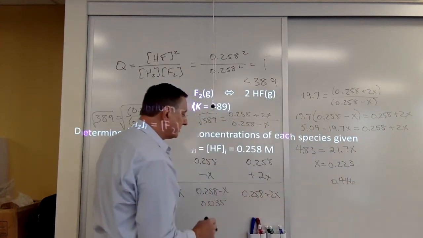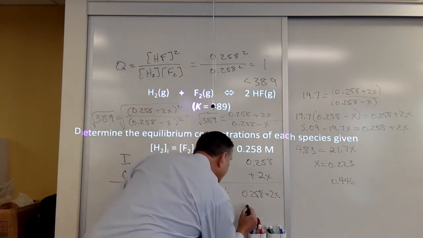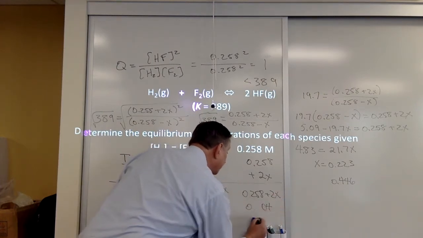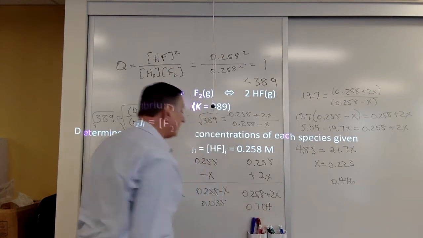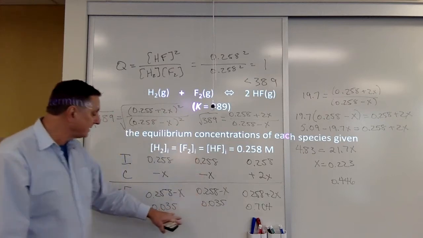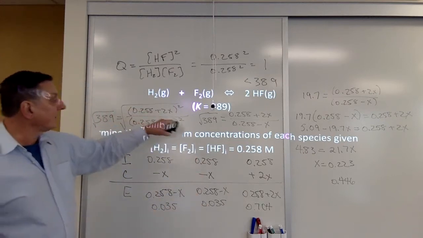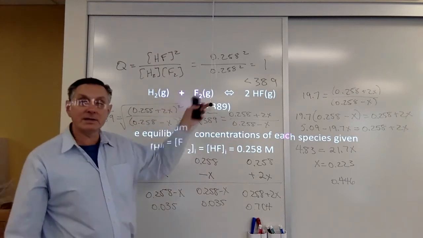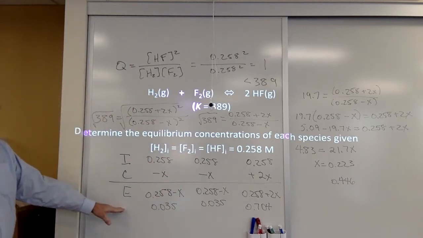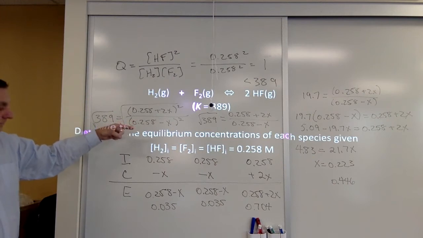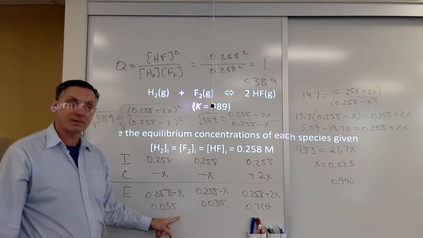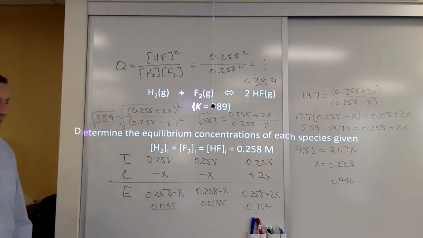We add 0.446 and 0.258, and we have 0.704. So the equilibrium lies fairly far to the right. Notice that our K value of 389 means that this particular reaction favors the products. This is how we determine which way the reaction shifts. And we can calculate our equilibrium concentrations of each thing by finding how far it shifts in terms of X.